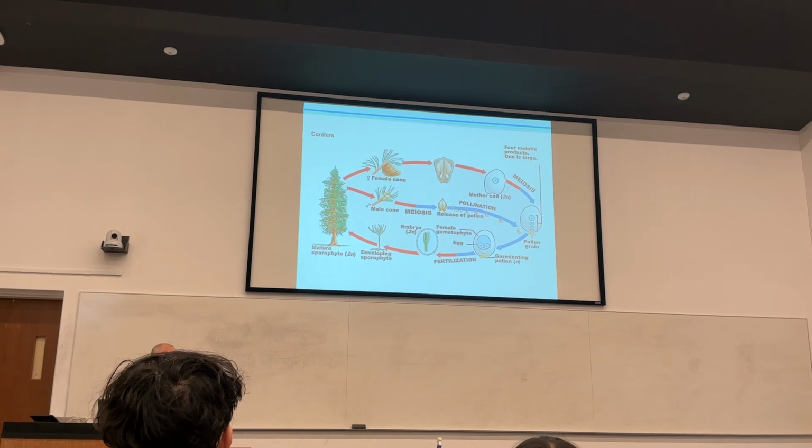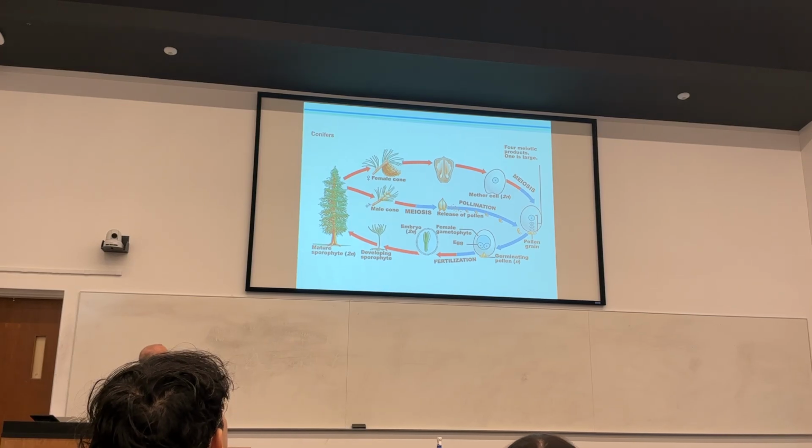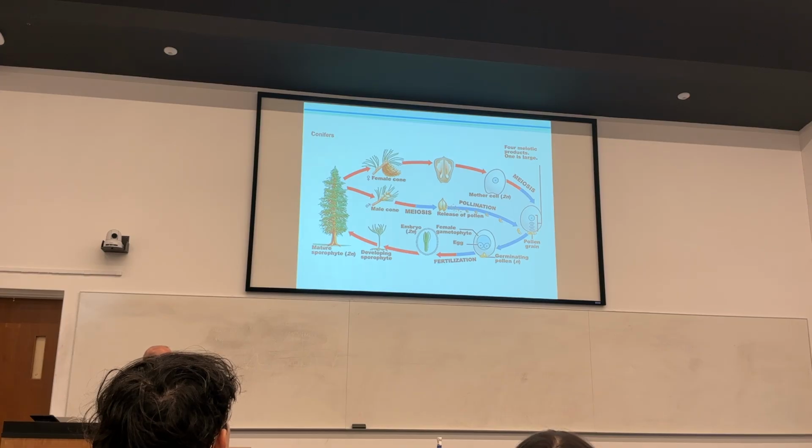Then we have the seed producers. These are the gymnosperms. They have separate reproductive structures. Their structures produce the egg cells. The structures produce the sperm cells that produce the pollen. And here we have, it's not an ovary, but a female gametophyte.